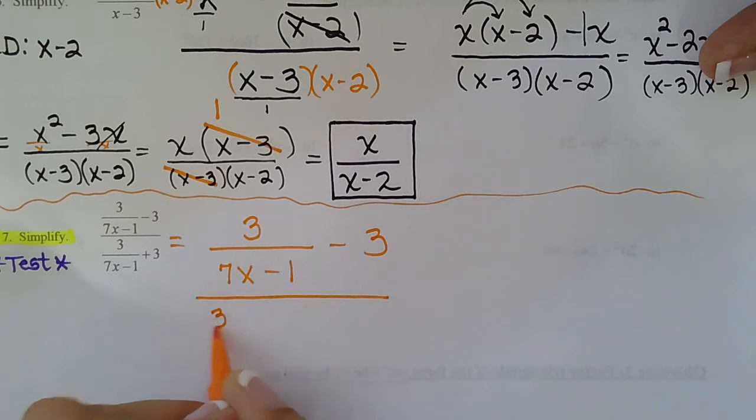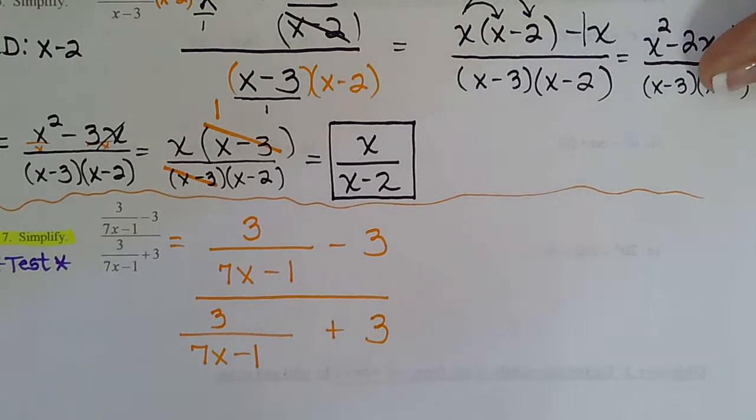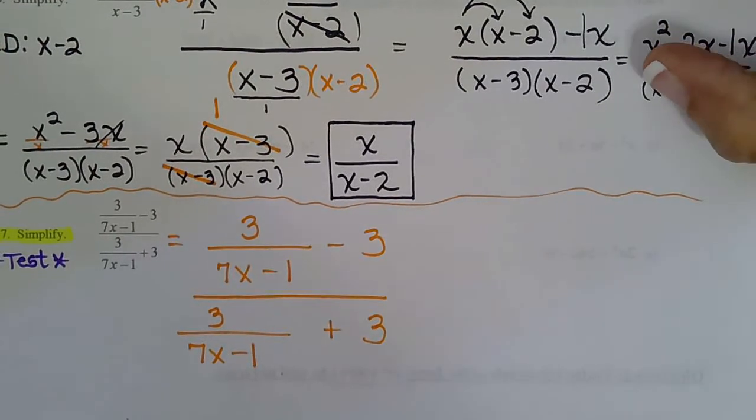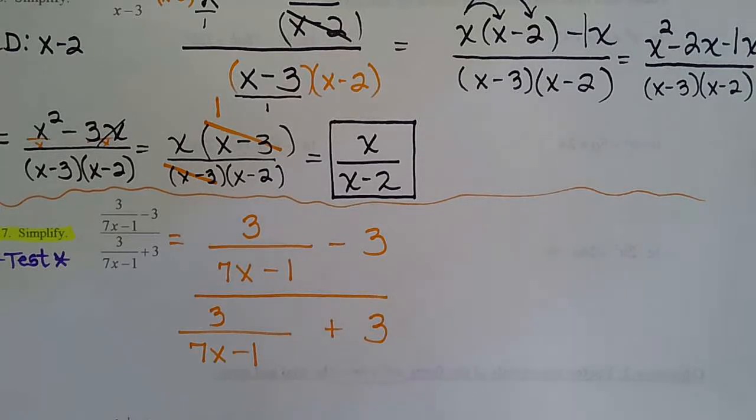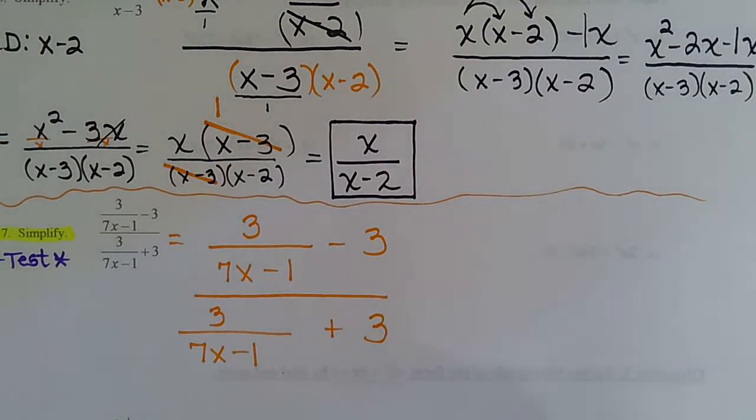And then 3 over 7x minus 1 plus 3. So, your turn, just like number 6. So go ahead and shut off the video and see if you can work this one out. It's almost identical to 6.